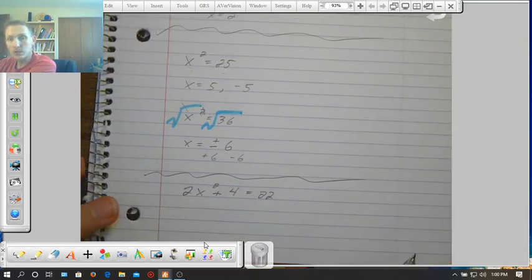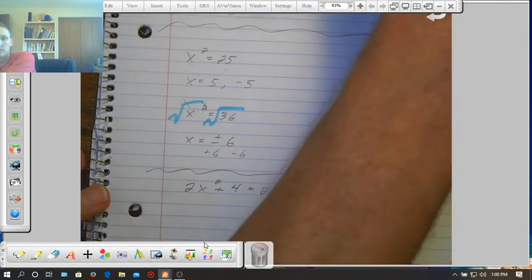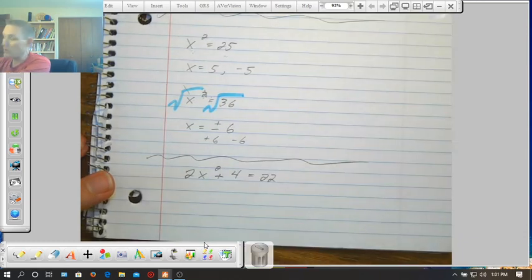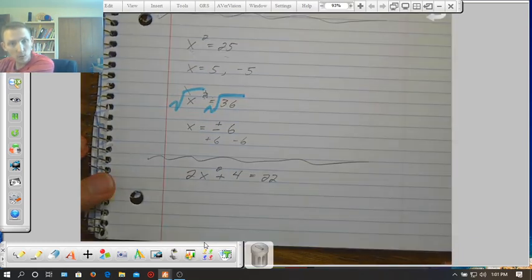Now my goal is to get x alone. Well, I'm going to solve this like a multi-step equation, and I'm going to have inverse operations.